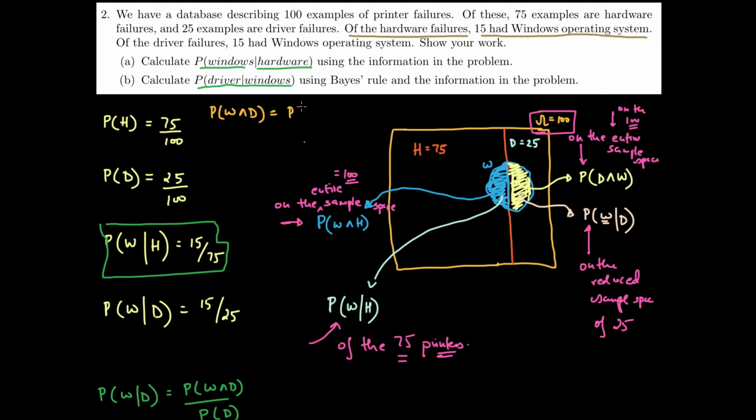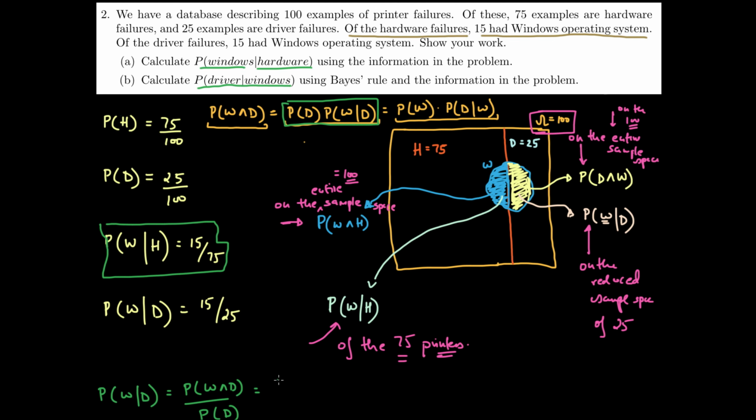I can either write it as probability of D times probability of W given D, which is also equal to probability of W times probability of D given W. Both of them are completely equal, and they both give you the joint probability distribution of W and D. So what I'm going to do here is rewrite the numerator using this piece here.